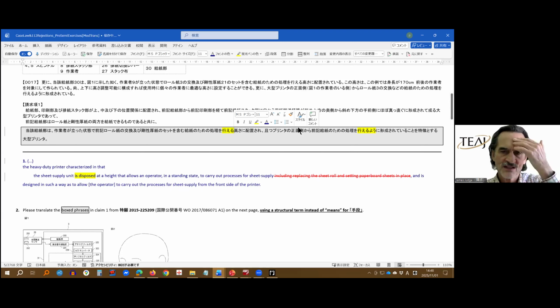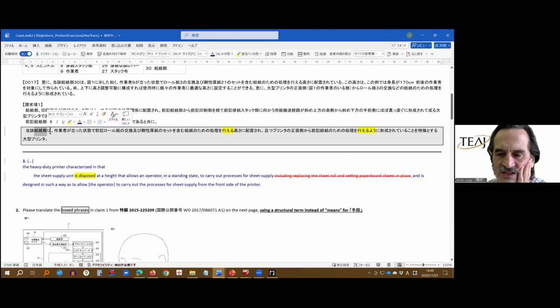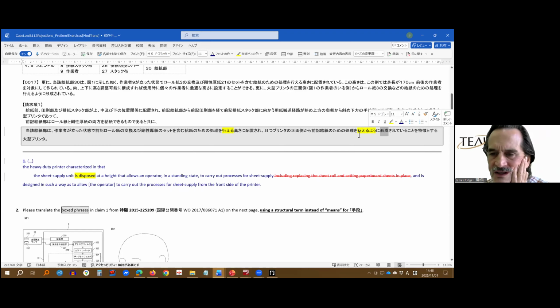And I thought it's interesting that maybe if this okonaeru yo ni applied to both features of the Kyushibu, of the sheet supply unit, then maybe the translator could have said it's formed or designed or configured in such a way that the height can be, or as to be disposed at a height that allows the user to do this.